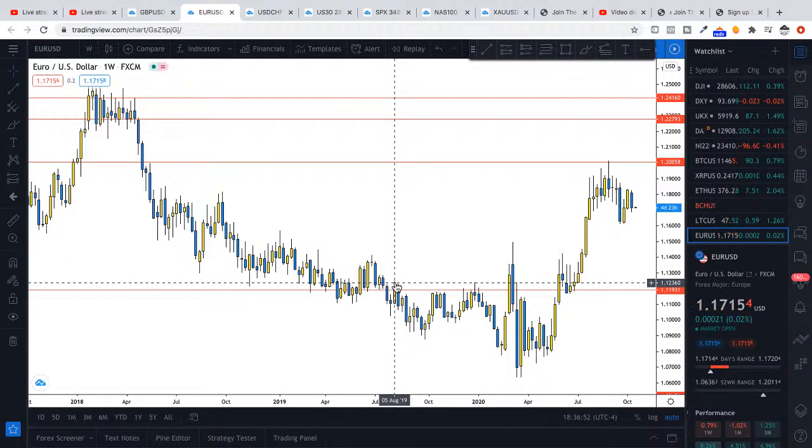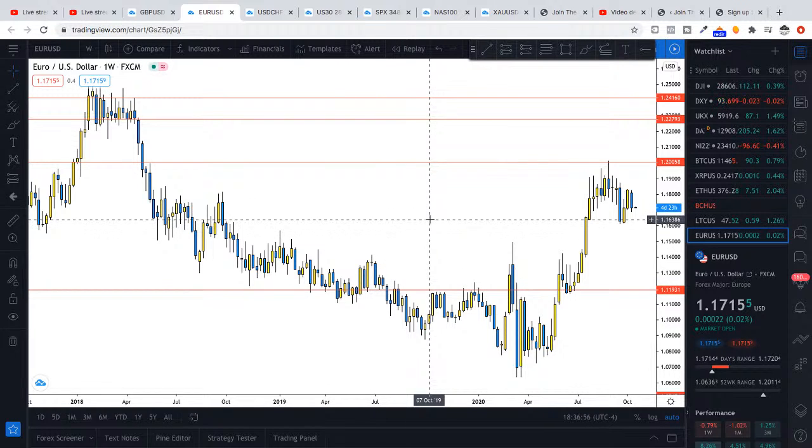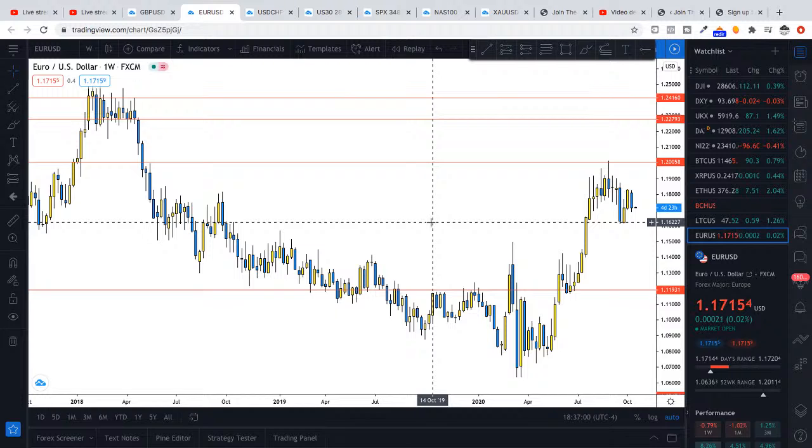All right, let's look at this weekly price action. Let's see what we got. I'm thinking as I'm looking, guys. Don't mind me.